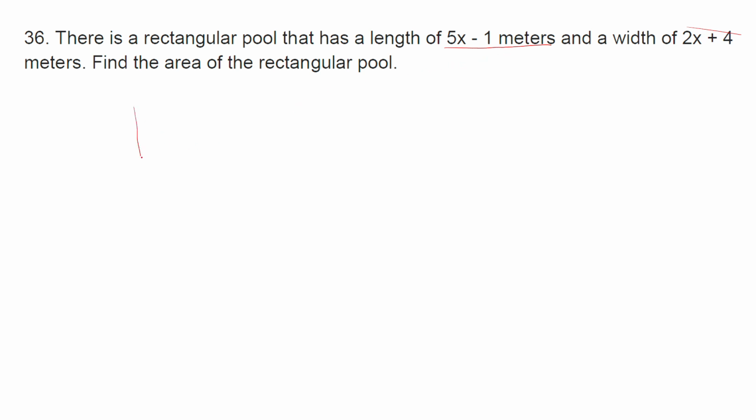When you have a rectangle, let's say it has a length of 5 meters and a width of 2 meters. How do you get the area? The area of a rectangle is equal to length times width, right? That's the formula.